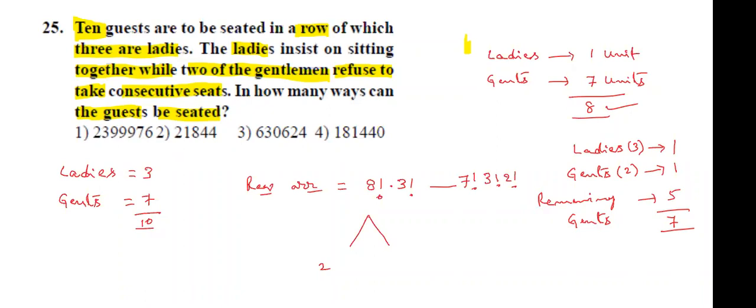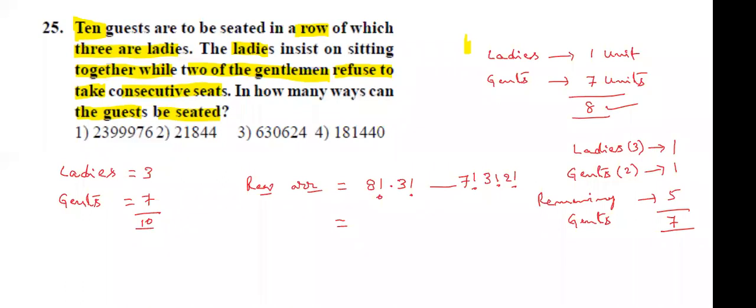So two gents come together, I'm going to subtract. So remaining all two gents cannot sit together. We get the answer. Okay. Here refuse means they don't want to sit together. Okay. Right.